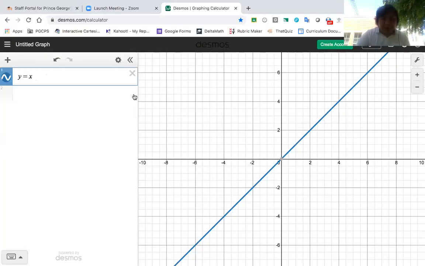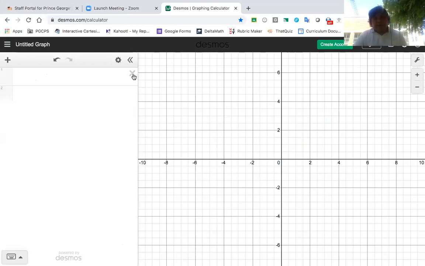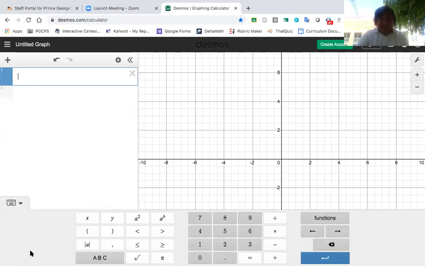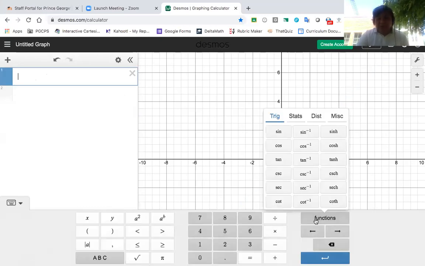Right, so I'm going to clear this. Okay, so if you're using the phone or tablet app for Desmos, you can always find logarithms by accessing the keypad, going through functions, and then looking at miscellaneous. So this is where you will find logarithms.